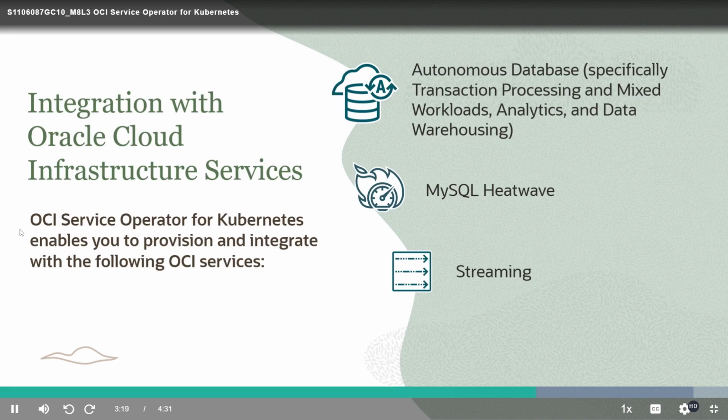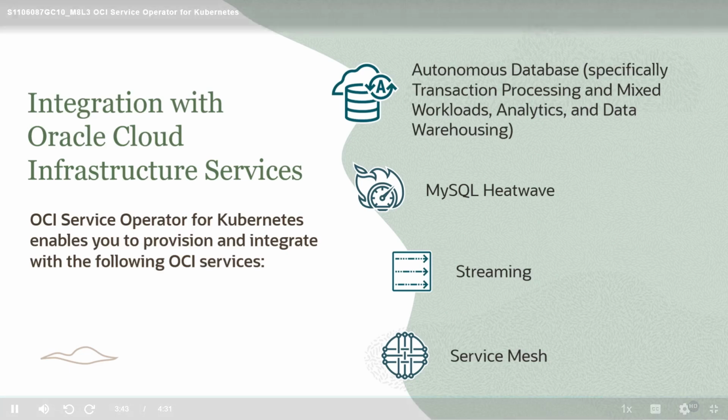Experience a fully managed, scalable, and durable solution for ingesting and consuming high-volume data streams in real time. Next is Service Mesh. This service offers a set of capabilities to facilitate communication among microservices within a cloud-native application. The communication is centrally managed and secured, ensuring a smooth and secure interaction.